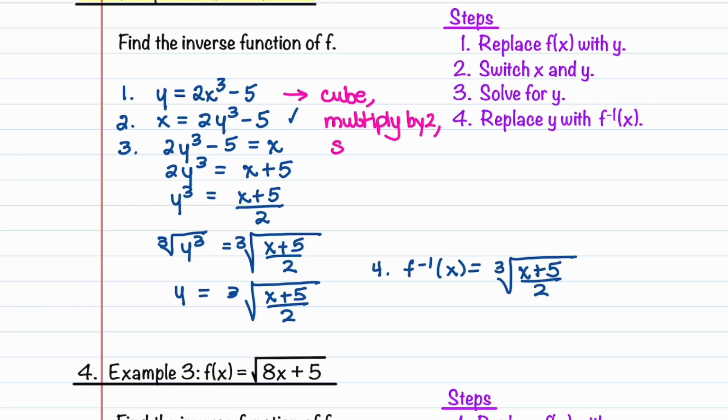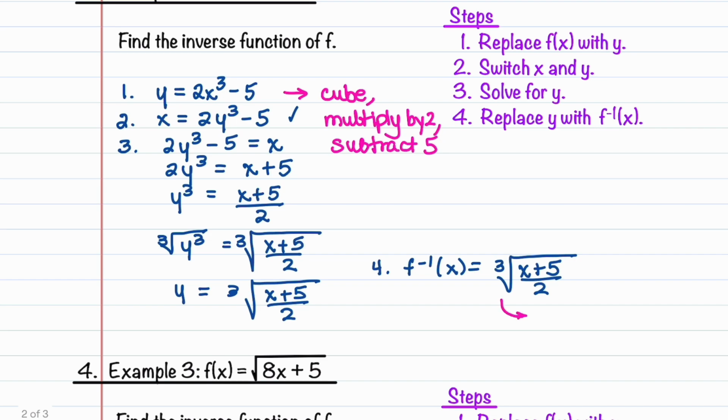And then we subtracted 5. Now for our inverse function, we need to undo these operations in reverse order. So notice for this function, what did we do first? We added 5. That undoes the subtracting 5. And then we divided by 2.